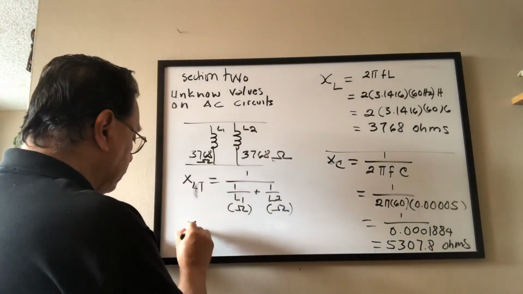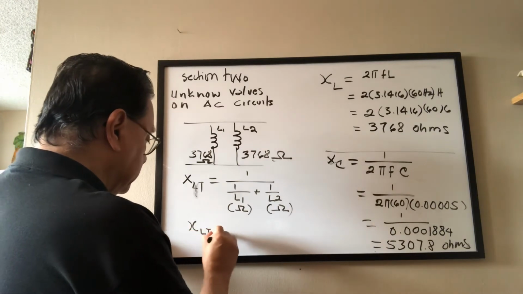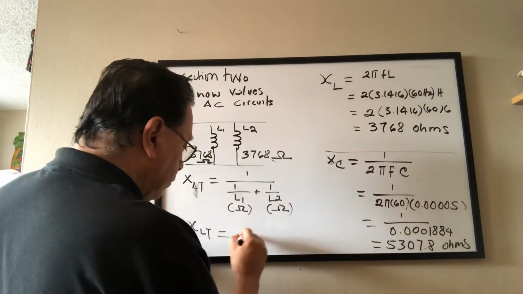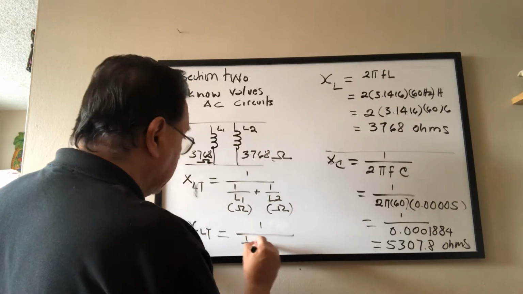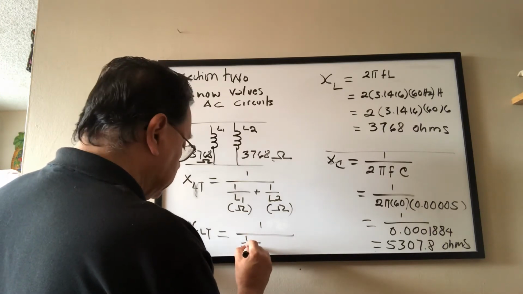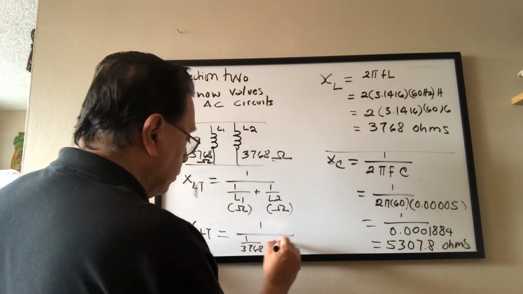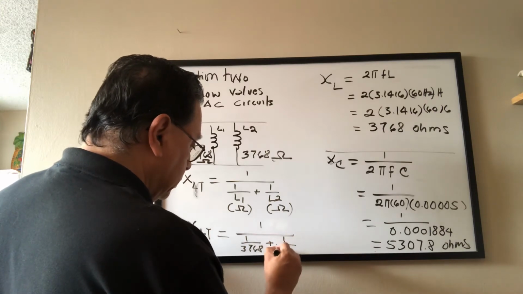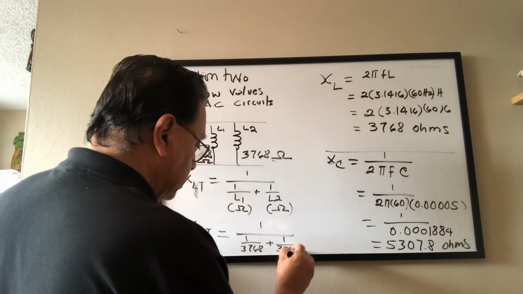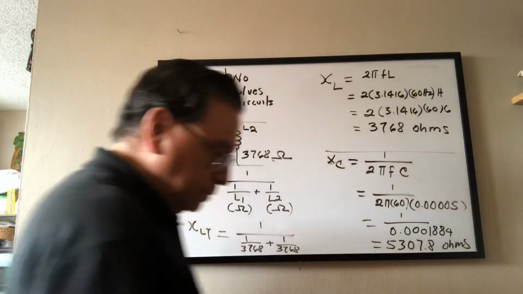You can calculate the total inductance in ohms by applying this formula. That will be 1 divided by 1/3,768 plus 1/3,768. Okay.